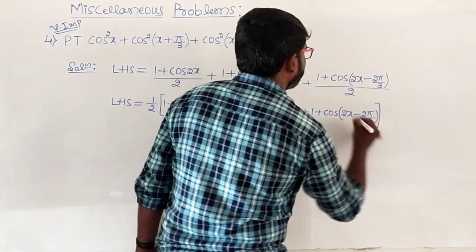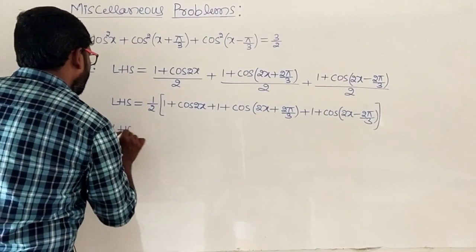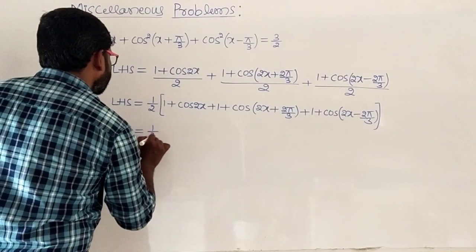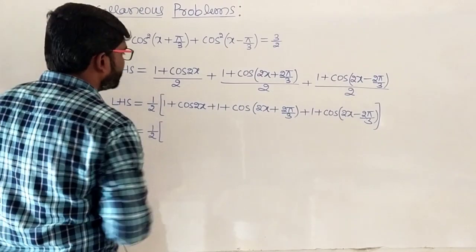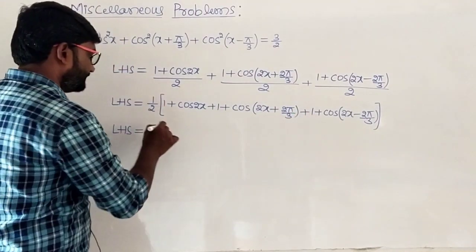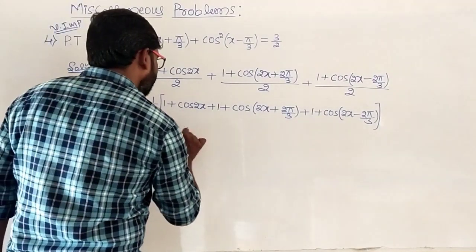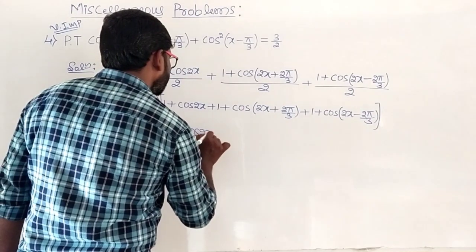Then close the main bracket. In the next step, LHS is equal to 1 by 2, and inside the bracket, 1 plus 1 plus 1 is 3. So we write 3 plus cos 2x as it is.